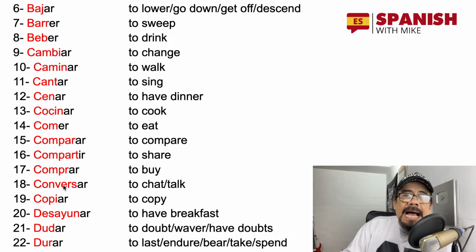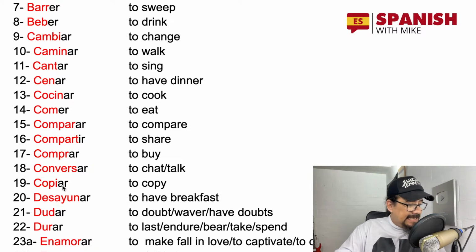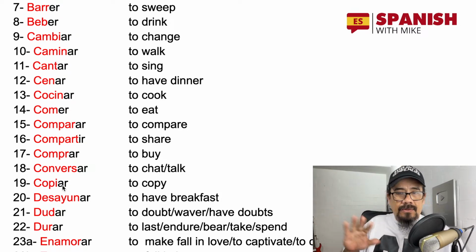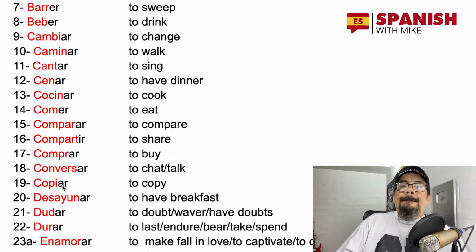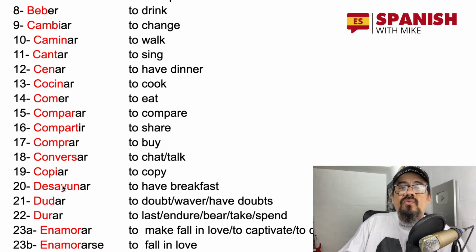Let's go with bajar, ar. Bajando. Barrer, sweeping, barrer, yendo, barriendo. Remember, ar, ando, ir, yendo. That's it. So easy, so easy. Beber. How would you write beber?